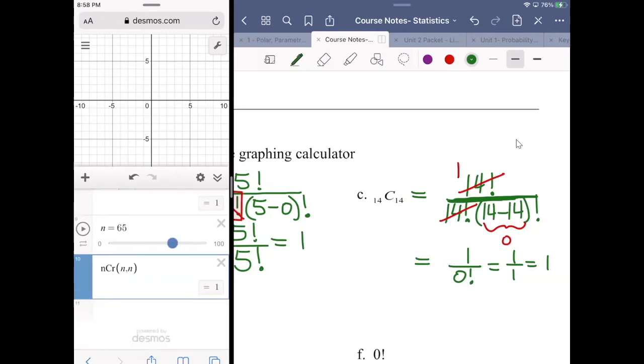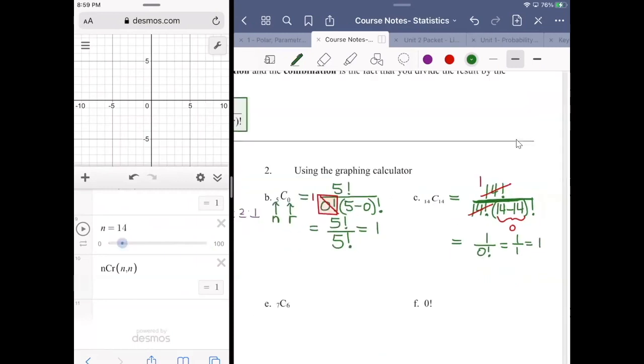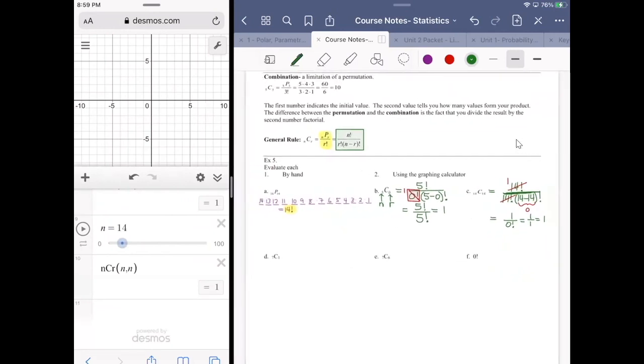Result of 1. 63C63, 1. 29C29, 1. 100C100, 1. Right? So it checks out no matter what the low value is, no matter what the high value is. If they're the same, it's going to give you a combination value of 1, which is very nice. Right? It's something that you can rely on.